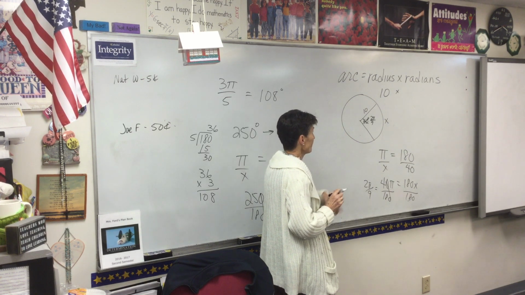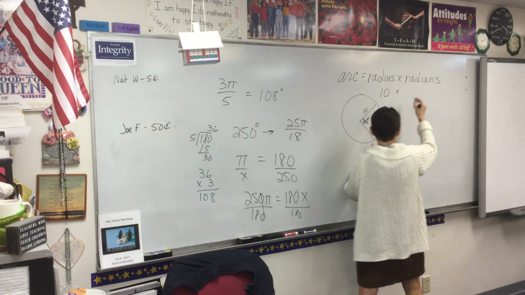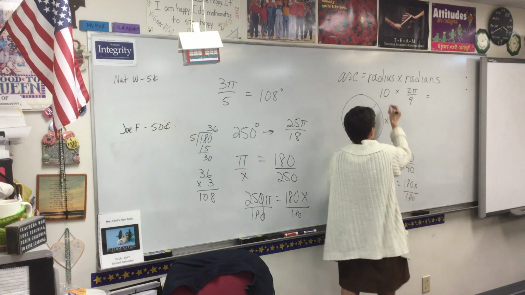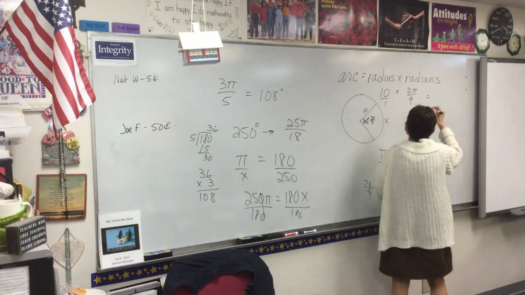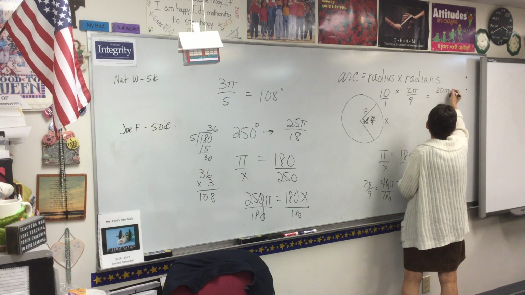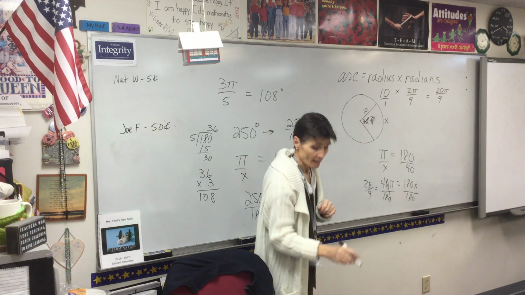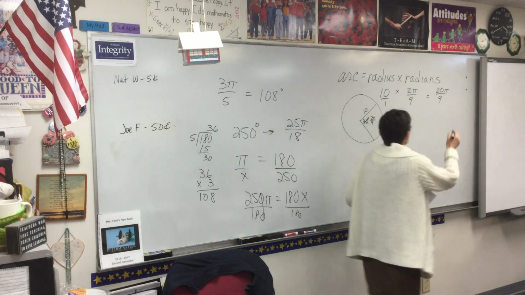So now I can find my arc length by multiplying my 10 times 2 pi over 9. So my answer is 20 pi over 9, and that would have a unit of inches.